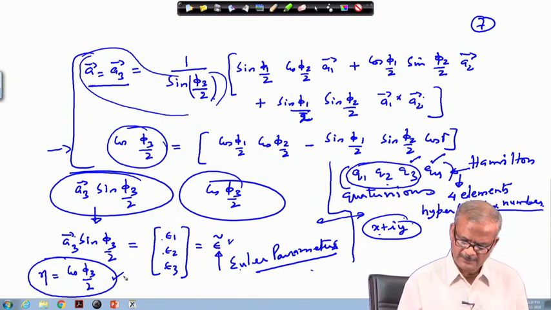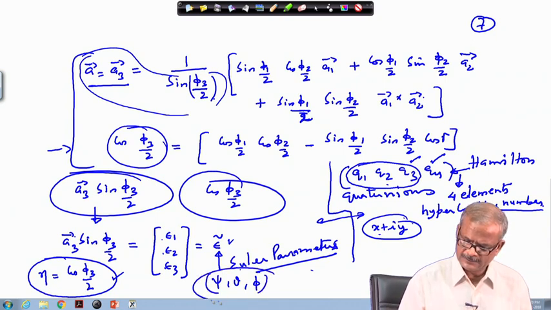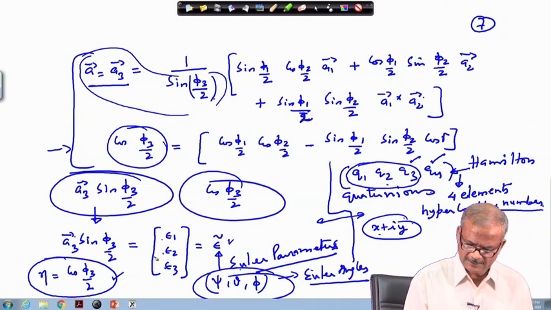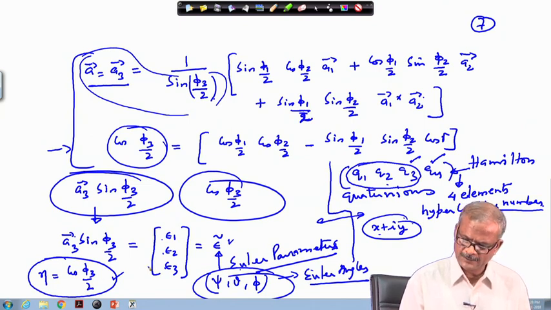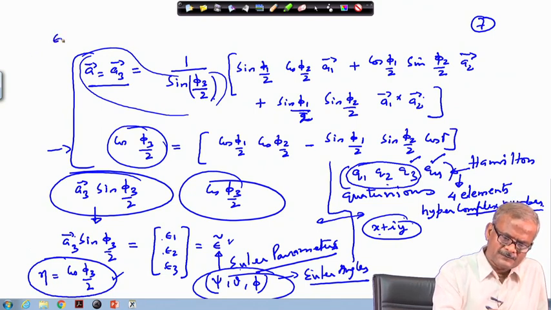but in a rotation we have only 3 rotation angles involved, which is psi, theta, phi. Okay, these are the only 3 Euler angles involved. So, here one extra parameter we are getting, but it so happens that, as we will see later on, epsilon 1 square plus epsilon 2 square plus epsilon 3 square plus eta square turns out to be 1.